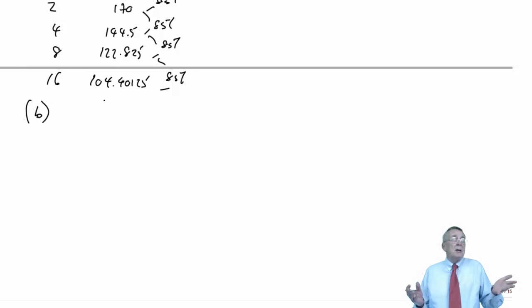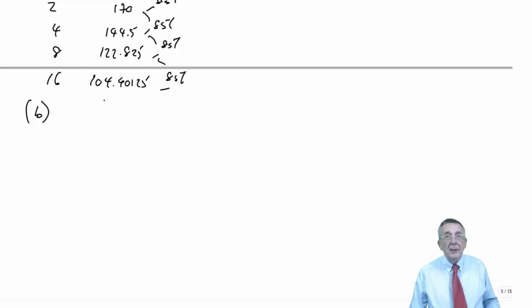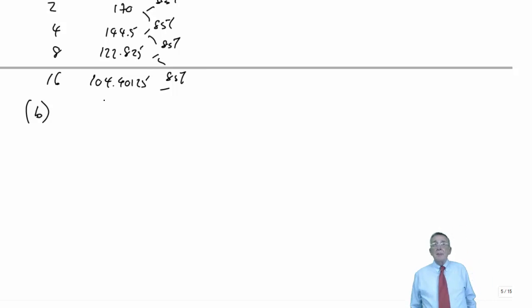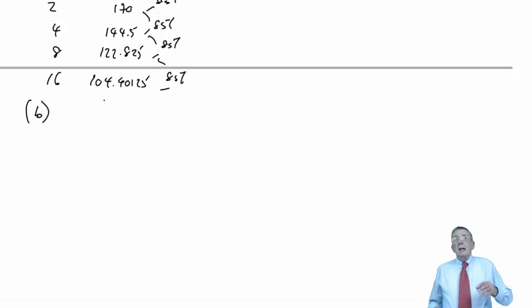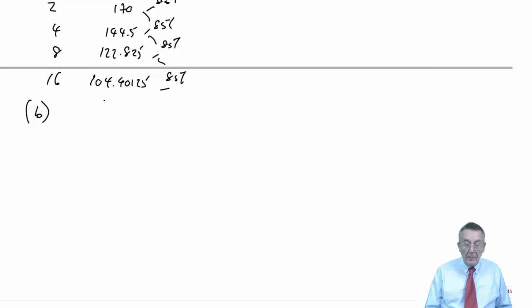So if number 30 took, I'm inventing the figure, 2 hours, from then on, they're all going to take 2 hours. And they want to know what time per batch should be budgeted. And again, I said at the very beginning, if in the long term they're going to take 2 hours, we should, in our cost card, budget on 2 hours a unit. Just because the earlier ones took longer is sort of a bit like a development cost. So I need to know, how long will number 30 take?